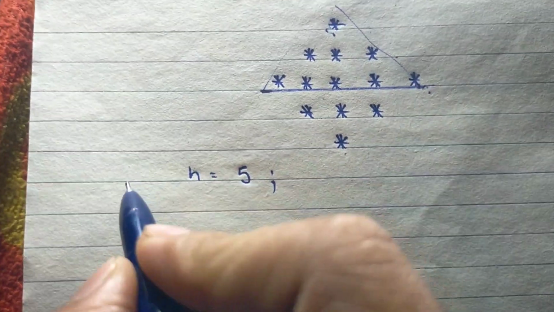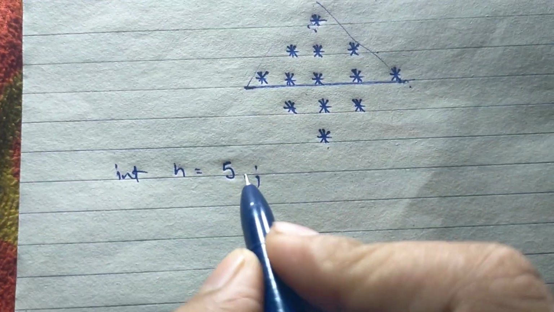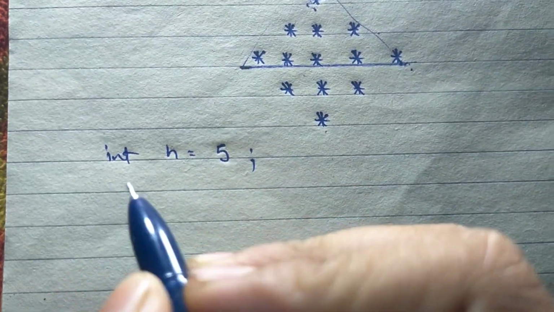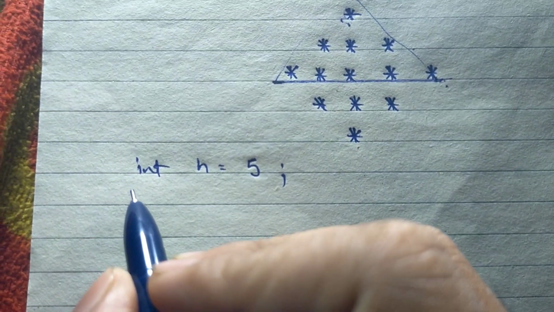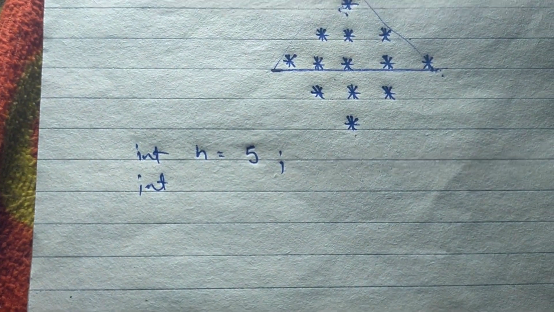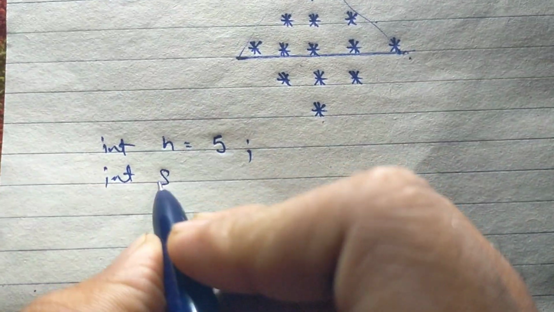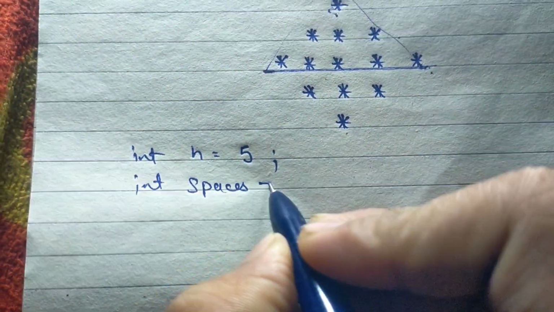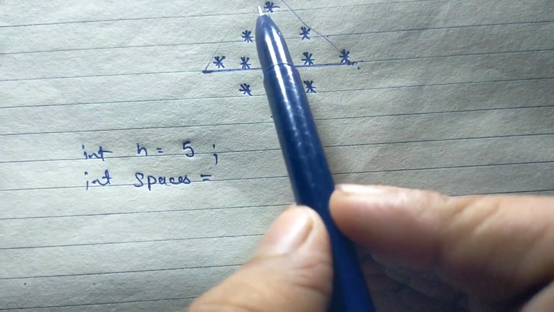First of all, I take int n as input from the user. After that I initialize the value of spaces, which should always be n minus 1.